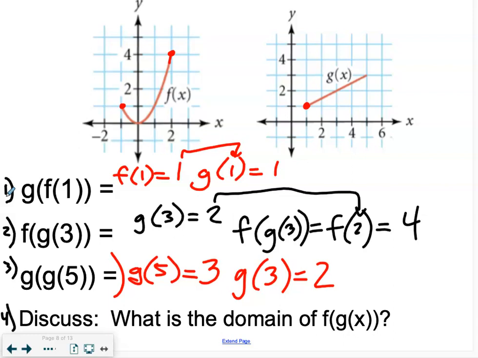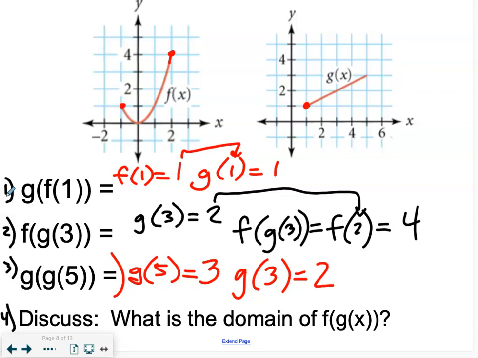Like if I wanted f of g of 3, I'm not plugging a 3 into f, I'm plugging what g of 3 is into f. So the input into my f function is actually the y values of my g function.